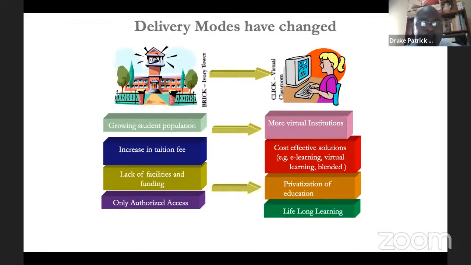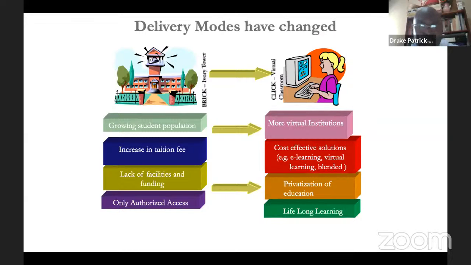Okay, so again, re-emphasizing the change in our education environment. One, that we appreciate, particularly in Africa, there's a rapidly growing population. With it, an opportunity of what we call population dividend. So the higher number of students desiring to access higher education cannot be accommodated by bare existing brick and mortar ivory towers.